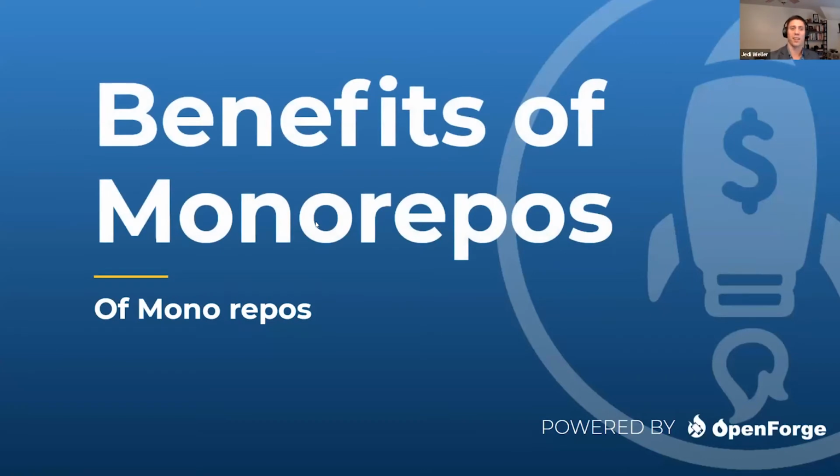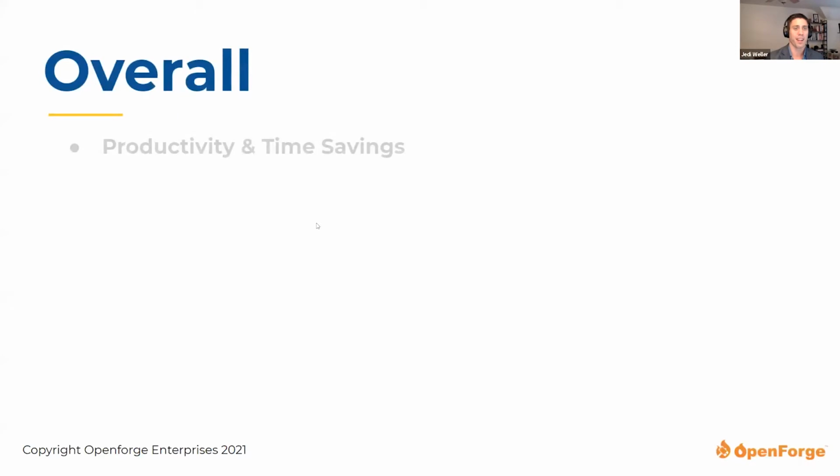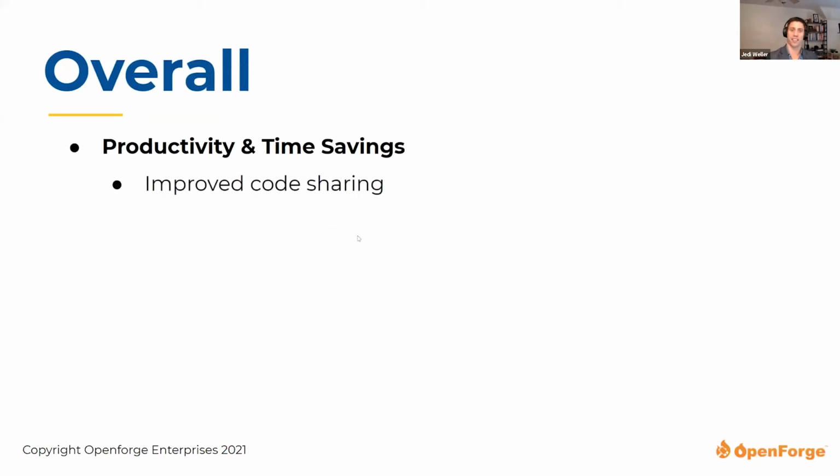All right, so let's talk about the benefits of monorepos. Productivity and time savings. It is one of the most important things for any organization, right? So how do we achieve that? One of the ways is code sharing.